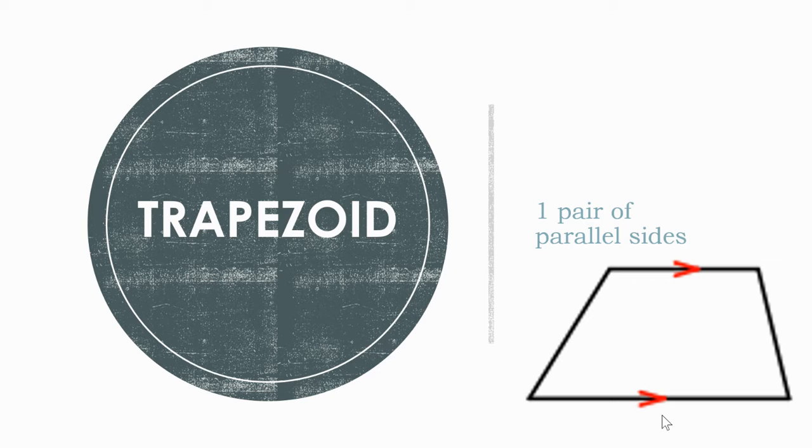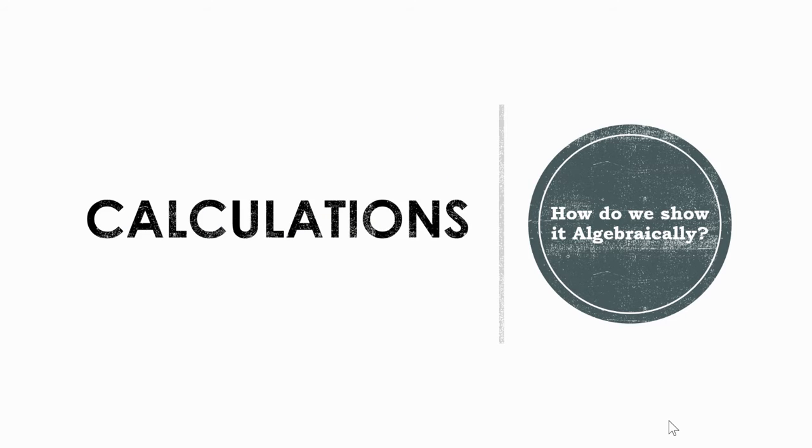The slanted sides can be equal, but they don't have to be. The only requirement of a trapezoid is that you have one pair of parallel sides. If you have two pairs of parallel sides, you're a different shape now. All right, so calculations.